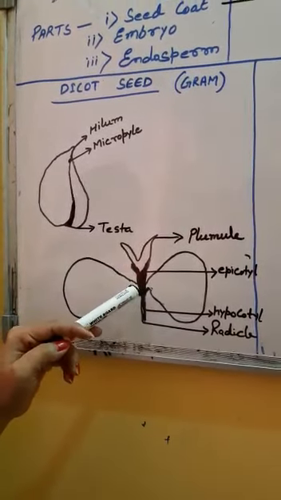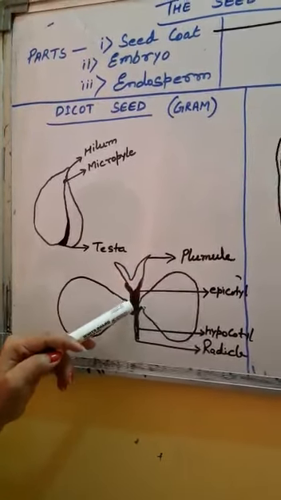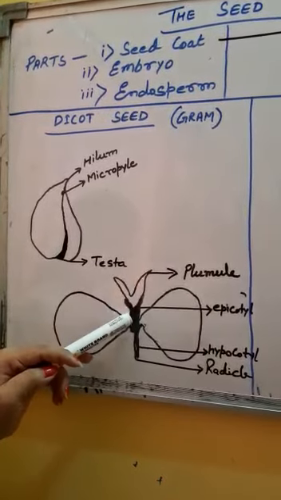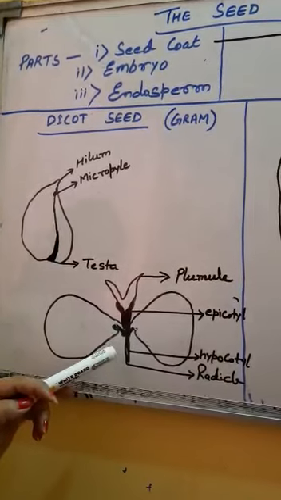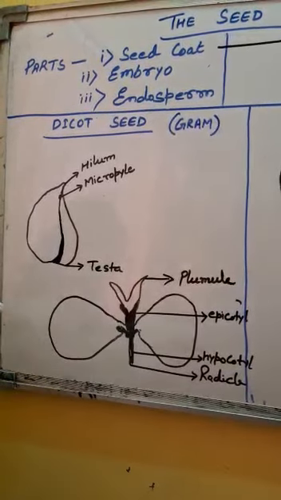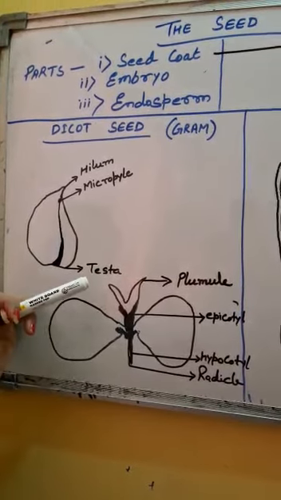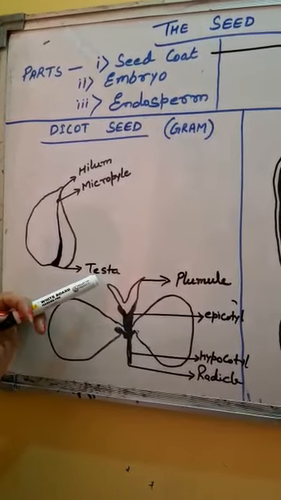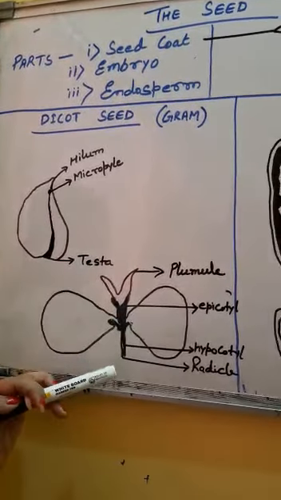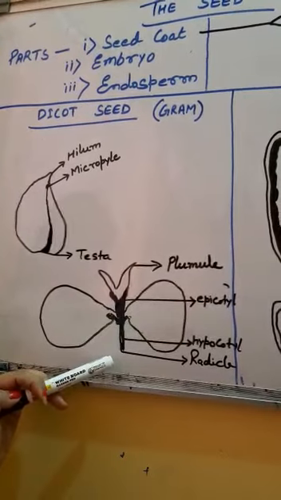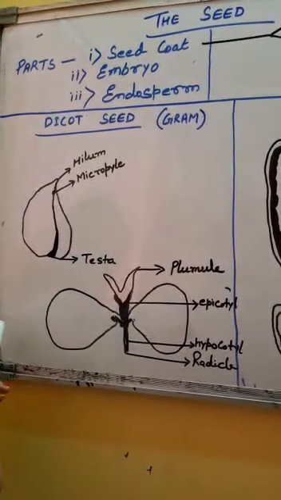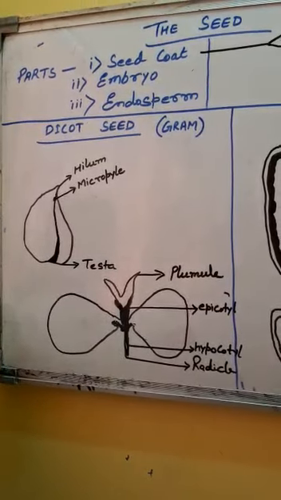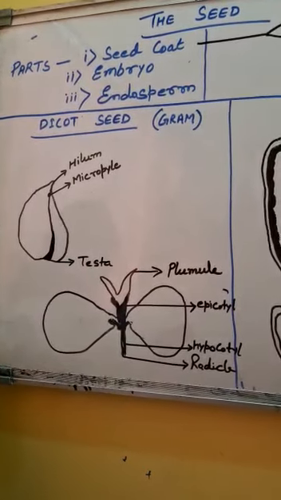The place between node and plumule is called epicotyl, and the place between node and radicle is called hypocotyl. So the plumule is actually the bud which will form shoot, and radicle will form the root. This is the structure of a typical dicot seed, that is a gram seed.